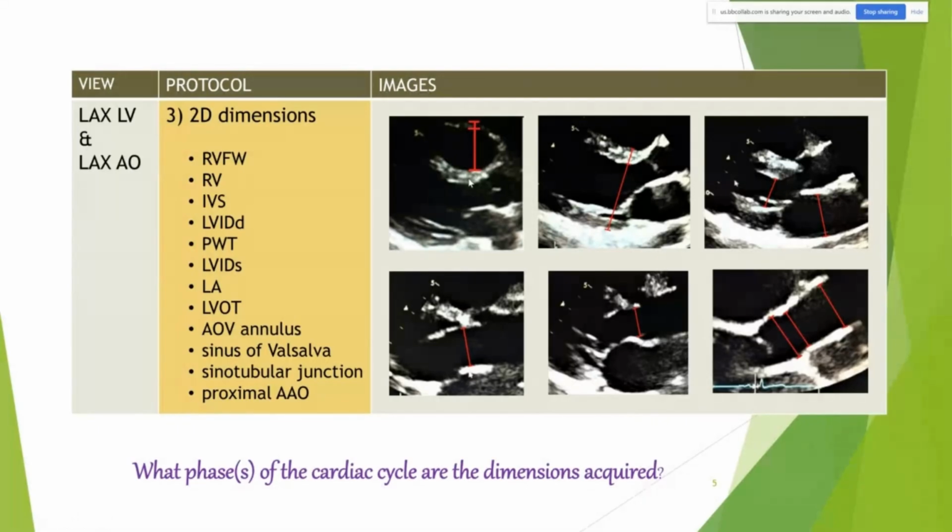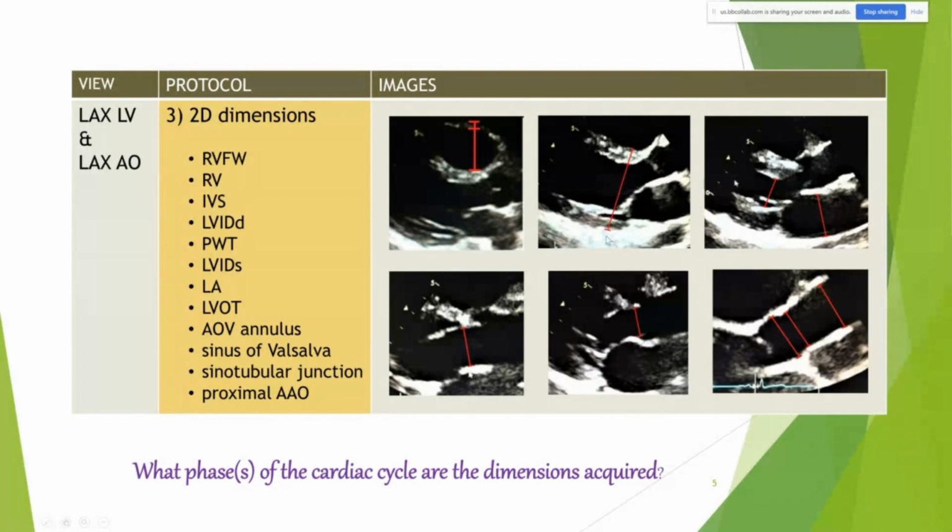Then the next thing you're going to do is 3 measurements. You're going to measure your interventricular septum. This is all in end-diastole, when the ventricles are the largest. Your walls should be very thin at that point. The interventricular septum from here to here, your left ventricular internal dimension in diastole, which ranges from here to here, and your posterior wall thickness, which is from here to here.